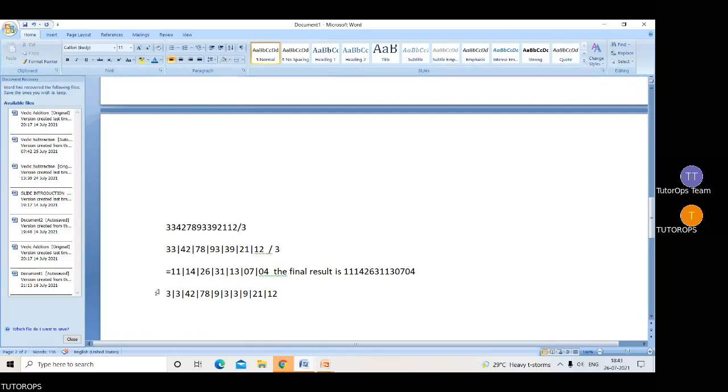So here there are 1, 2, 3, 4, 5, 6, 7, 8, 9, 10 parts. So I am breaking it into 10 parts, and then I am dividing it by 3. I will get the result. Okay, the same result I will get. So I can do it by 10 parts also.